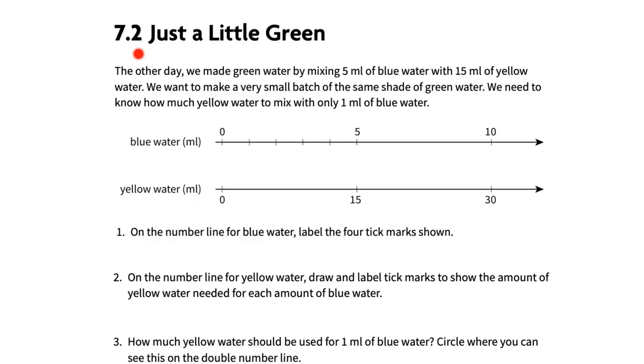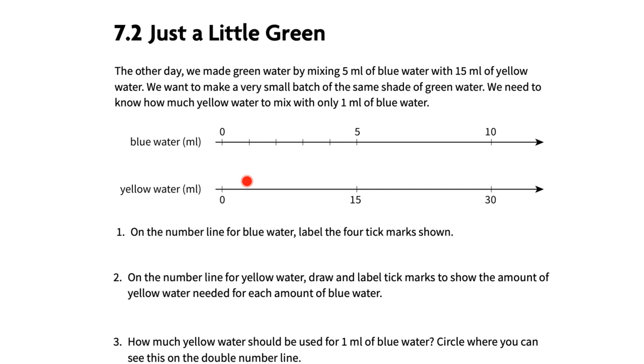So the other day, we made green water. Cute little story here, by mixing 5 milliliters of blue with 15 milliliters of yellow. So there it is, there's our ratio right there: 5 ml for blue and 15 ml for yellow, because there's our labels over here. We want to make a very small batch, so we're going to continue and do all these tick marks down here.